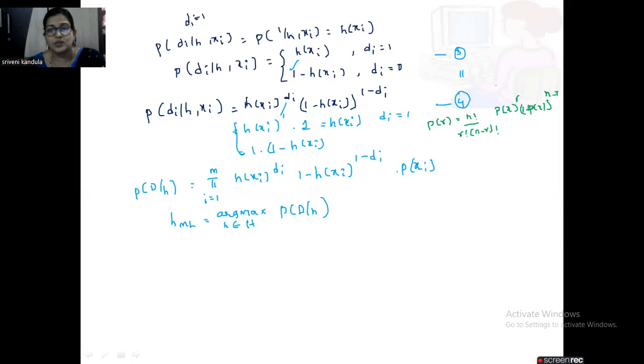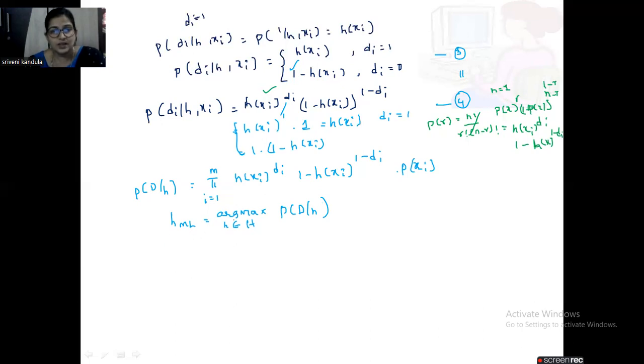Here we are observing one sample, so the n value we are taking as 1. So this will become 1 minus r and this term will vanish. In place of r we are taking di, and here our P of x is h of xi. So it is h of xi to the power of di multiplied with 1 minus h of xi to the power of 1 minus di. That is how we got this value.